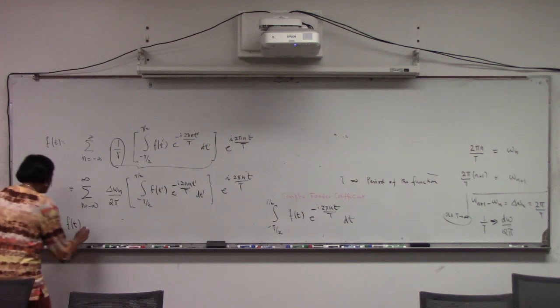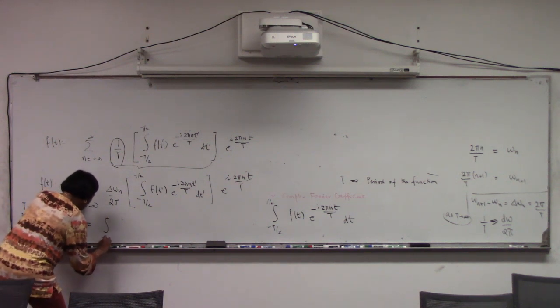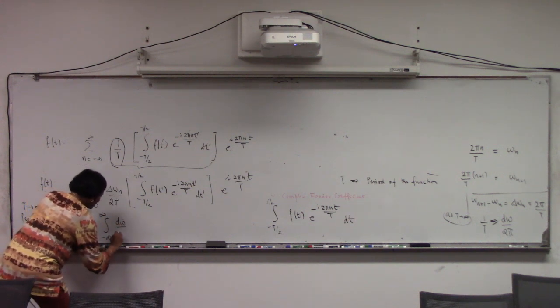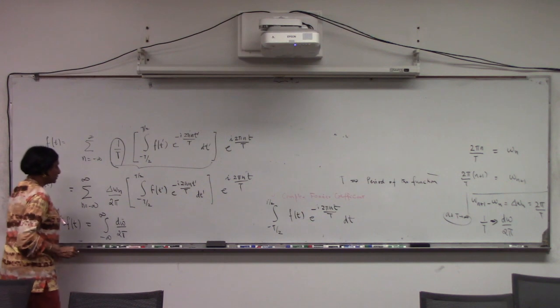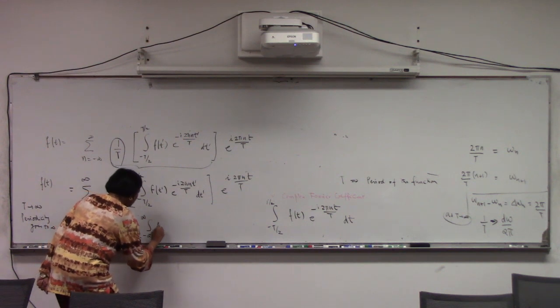The summation will become integration too, right? So this will become minus infinity to plus infinity, and this will become d omega over 2 pi. And this becomes minus infinity to plus infinity f of t'.